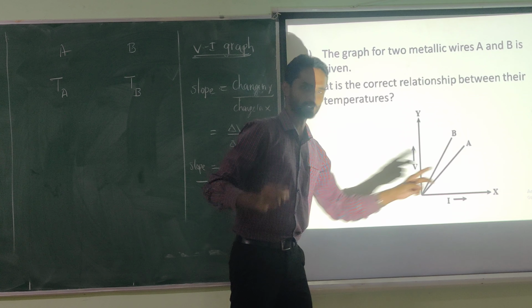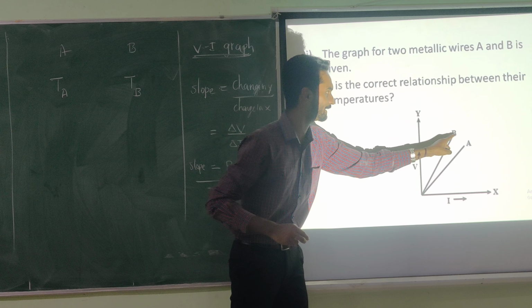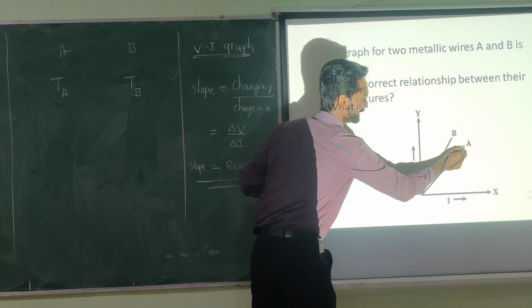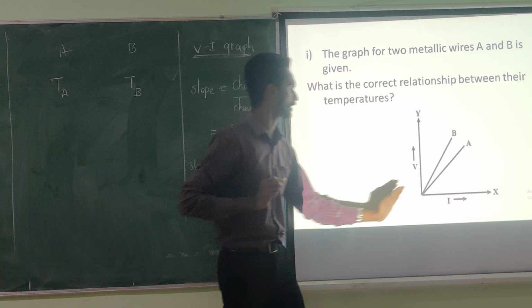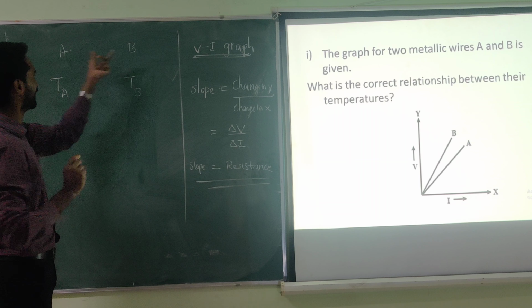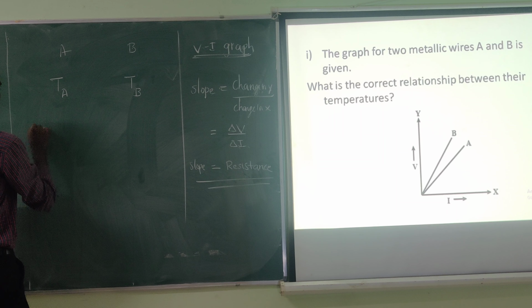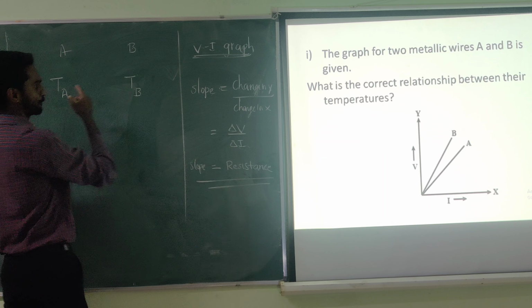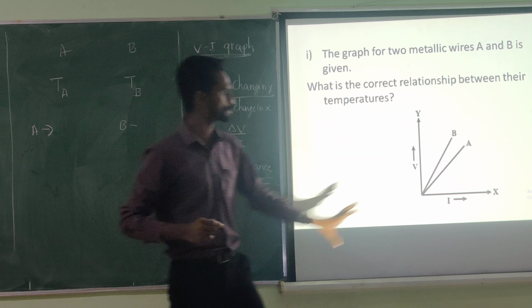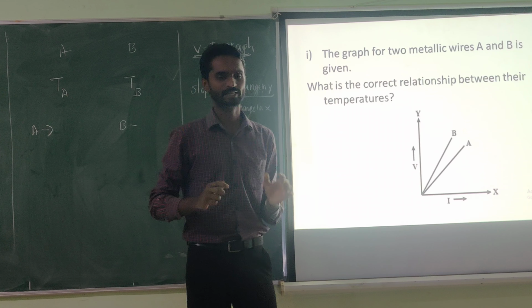Now, here two graphs are given, graph A and graph B. Observe whether graph A has more slope or graph B has more slope. How to identify which one has more slope? There are a lot of methods.